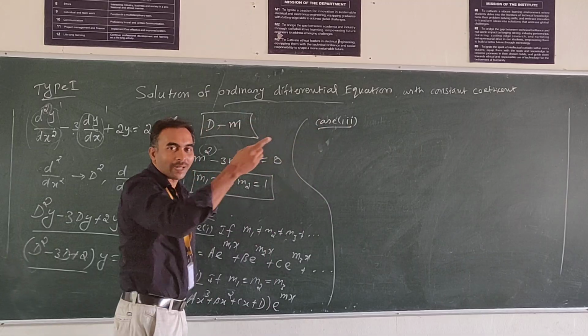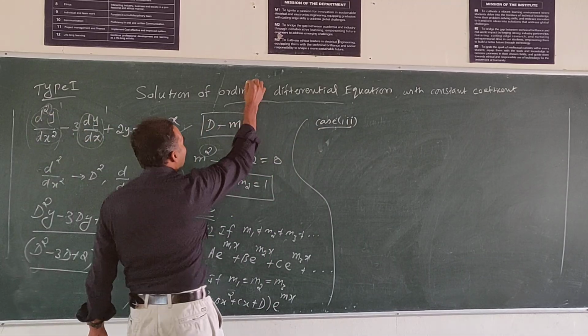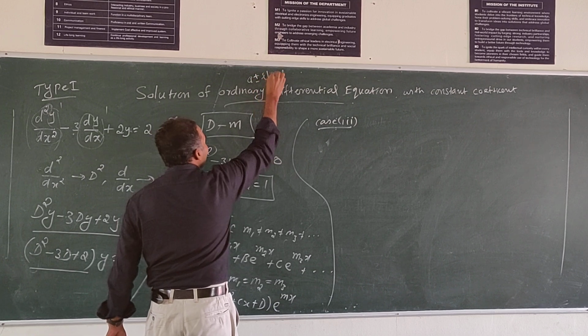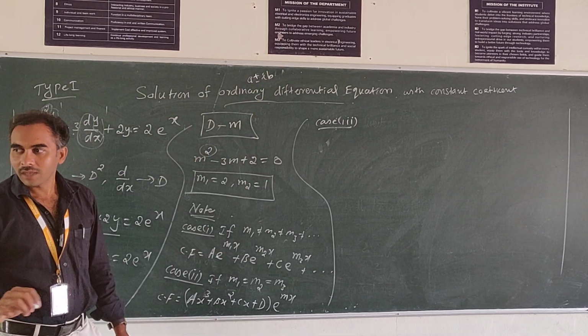If roots are complex numbers, do you know the complex number? That will be of the form a plus or minus ib. This is the complex form of numbers.